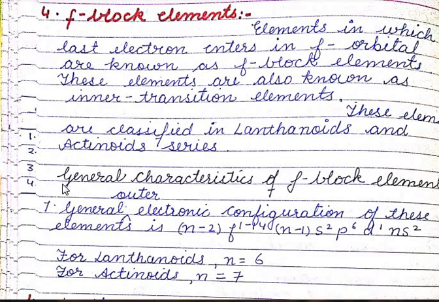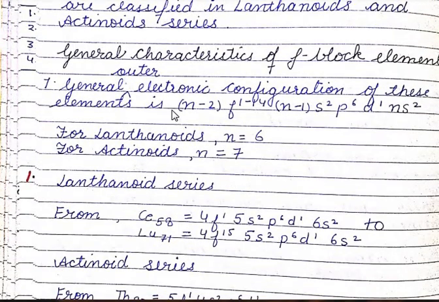General characteristics of f block elements. 1. General outer electronic configuration of these elements is (n-2)f1 to 14, (n-1)s2p6d1, ns2. For lanthanoids, n is equal to 6, and for actinoids, n is equal to 7.